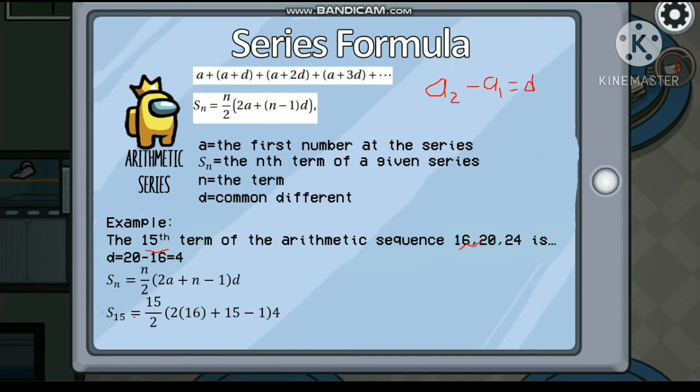S15 equals 15 divided by 2, multiplied by 2 times 16 plus 15 minus 1, multiplied by 4. And the result, we see that S15 is 660.